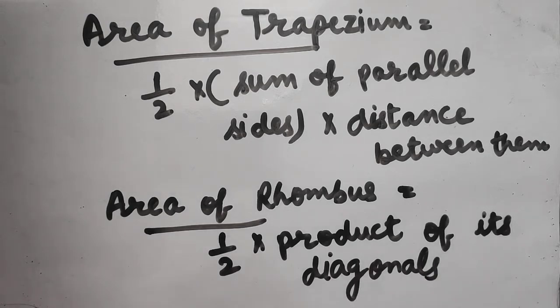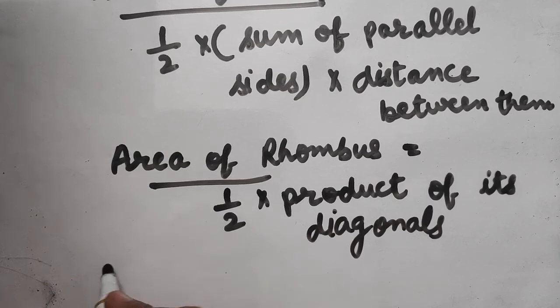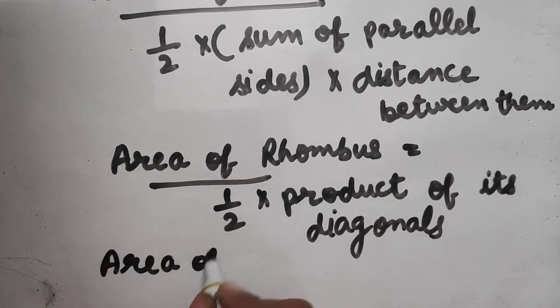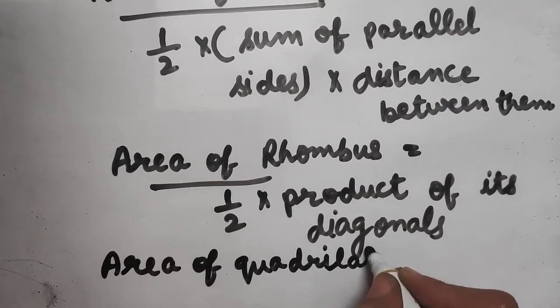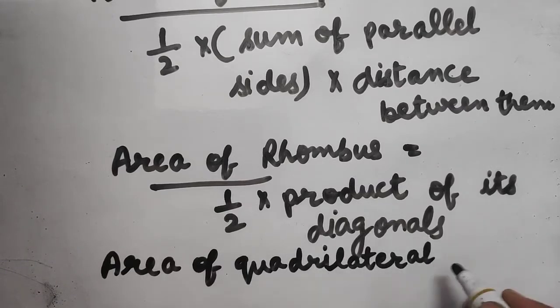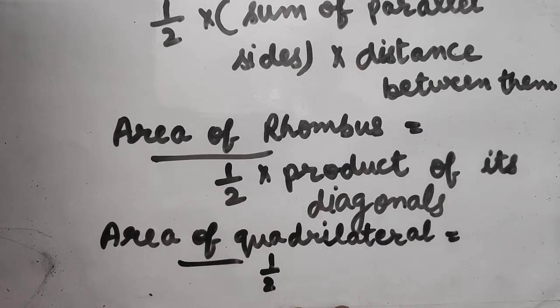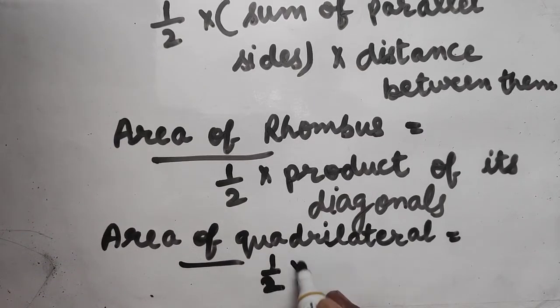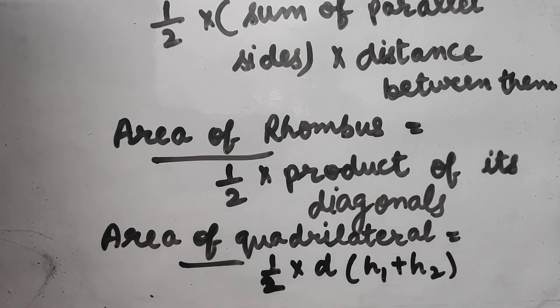Let us talk about now area of general quadrilateral. Area of general quadrilateral is equal to half into diagonal D into sum of perpendiculars, that is h1 plus h2.